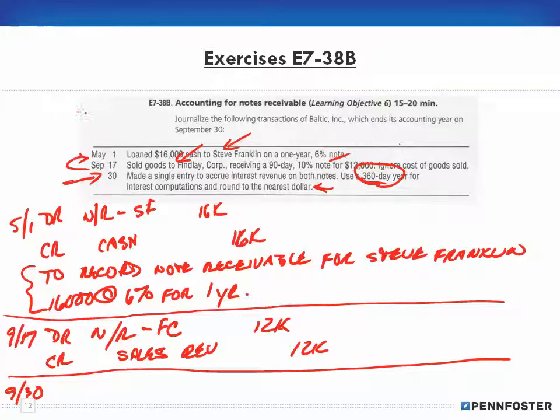To be honest with you, if I only had two accounts like this, I would make two separate entries. As part of the description for the Steve Franklin one, I would put, to record accrued interest for note receivable Steve Franklin, and for the second entry, to record accrued interest for note receivable Finlay Corp.